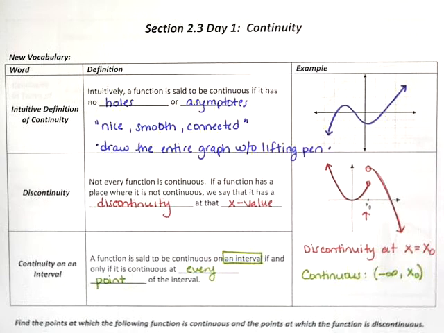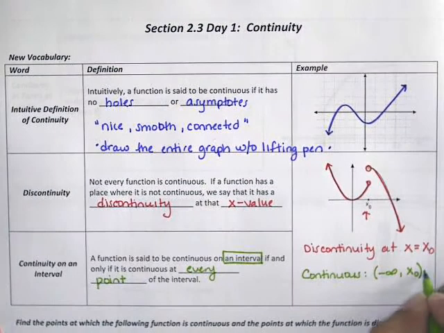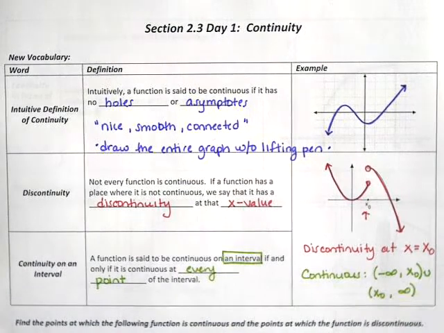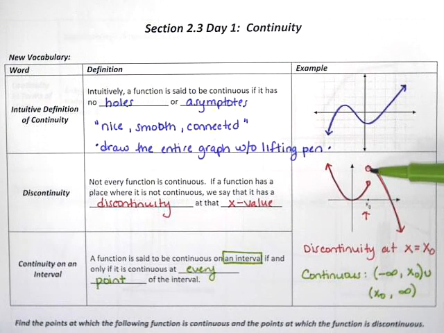Infinity cannot be contained. And it's also continuous from x sub naught to positive infinity. Again, I'm not including x naught because that's an open circle. If either of these endpoints was a closed circle, then just that section of my answer would have a closed bracket, which is a square bracket.